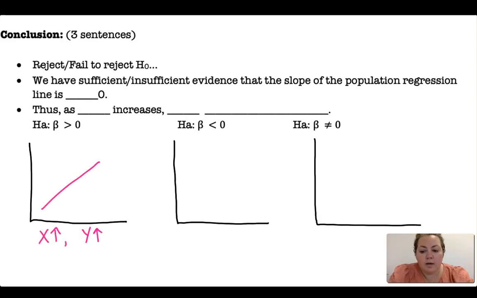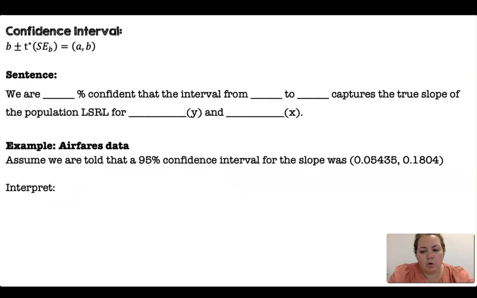So, if x increases, y increases. If x increases, y decreases. And as x increases, y changes. So these are just kind of what your scatter plots would look like if we're doing a greater than, less than, or not equal to test. So the changes could be either or.